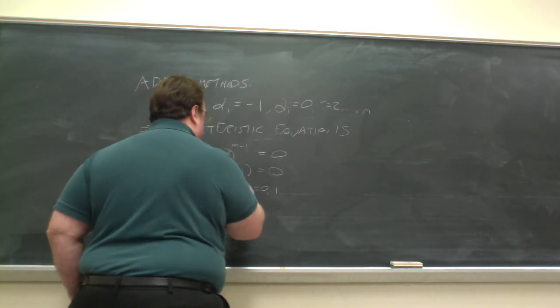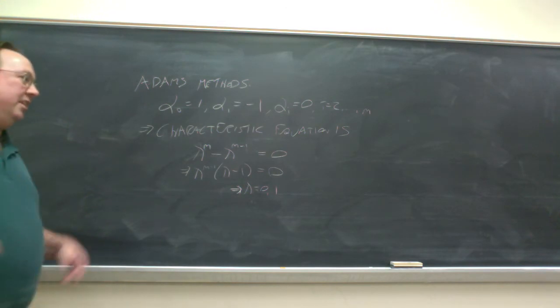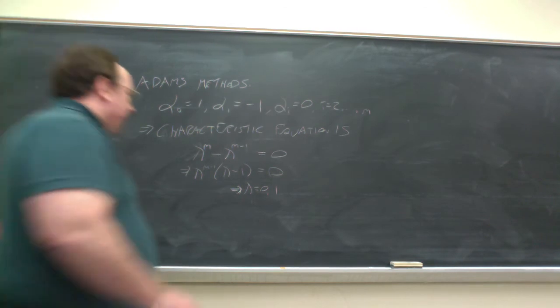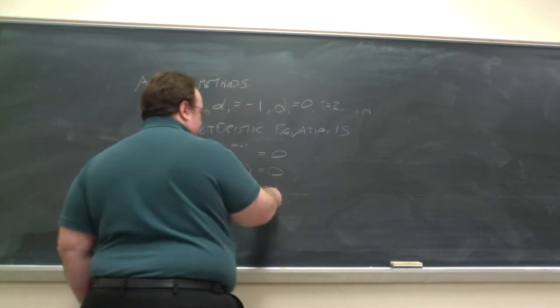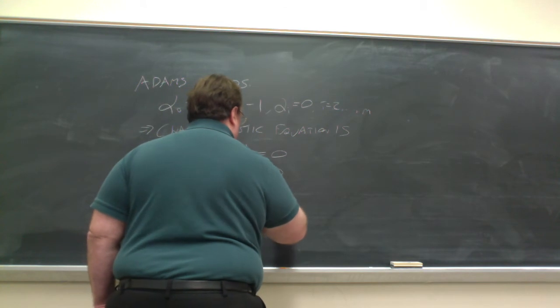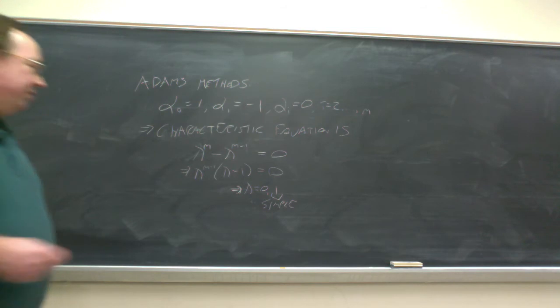Now 0 is a multiple root, but we don't care if a root that is less than 1 in magnitude is multiple. But this is the only root that's on the unit circle in the complex plane, and that is a simple root. It only occurs once as a root of the characteristic equation.